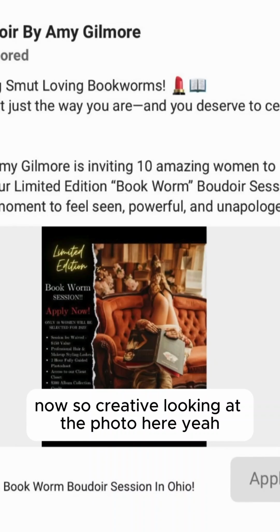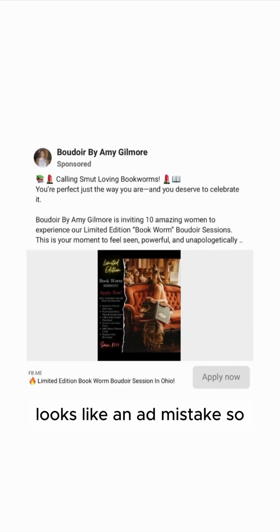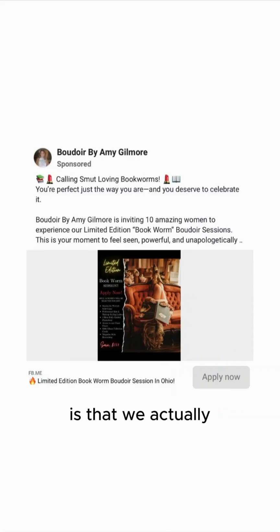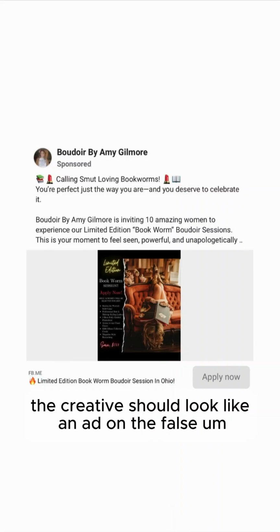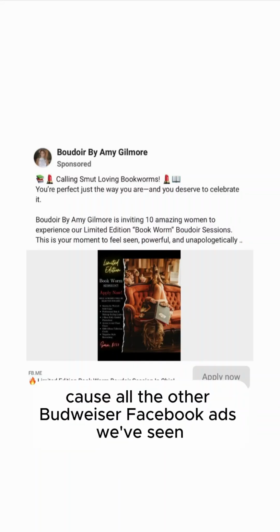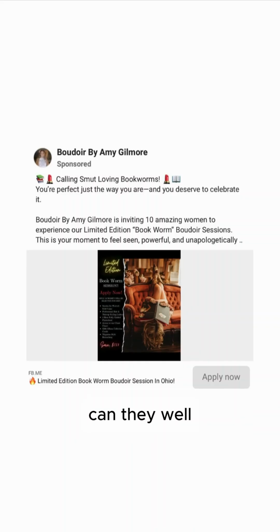Now, looking at the photo here, yeah, we've got the looks-like-an-ad mistake. The false belief that caused us to make this mistake is that we believe Boudoir Facebook ads should look like ads. The creative should look like an ad, because all the other Boudoir Facebook ads we've seen all look like ads. So everyone can't be wrong, can they?